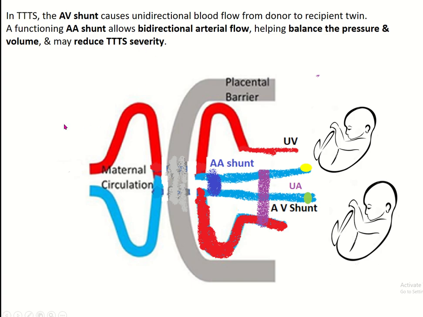So in the first animation, we show how the donor gives blood to the recipient twin. In the next animation, we see how this extra blood goes back to the donor twin by using the AA shunt.